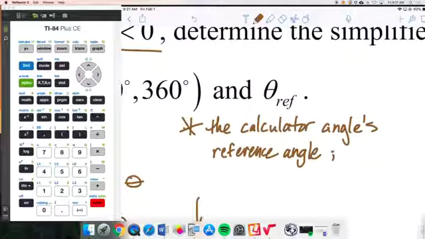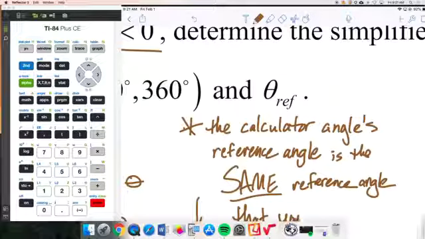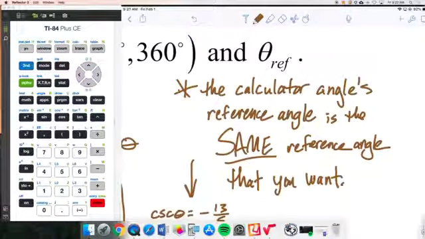And that reference angle is the same reference angle that we want for our angle. That's the one we want.